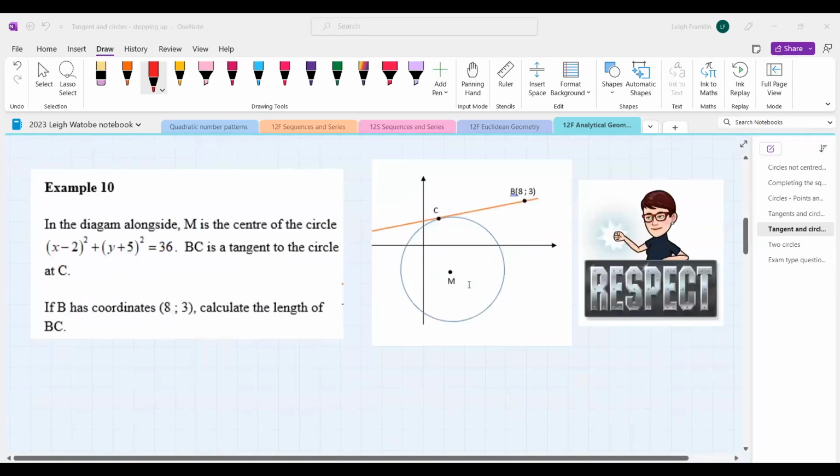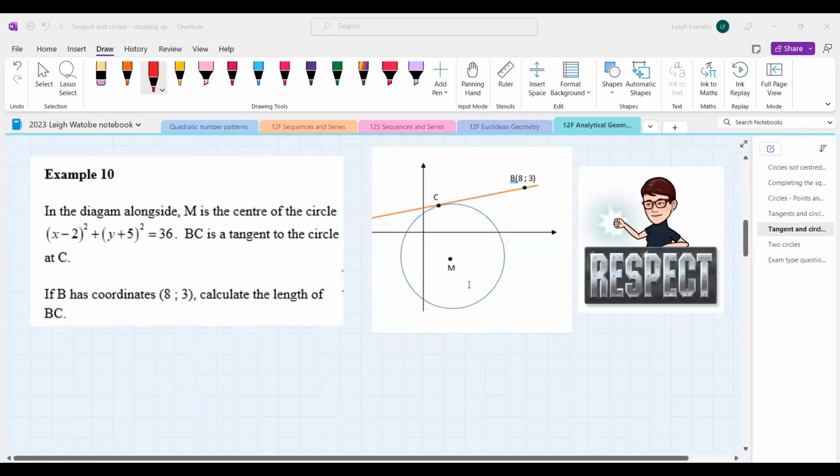So let's talk about this question over here. In the example here, we have been told that M is the center of the circle. They've given us the equation of the circle, x minus 2 squared plus y plus 5 squared is 36. They've told us that BC is a tangent to the circle at C. They've told us the coordinates at B, it's 8 and 3.